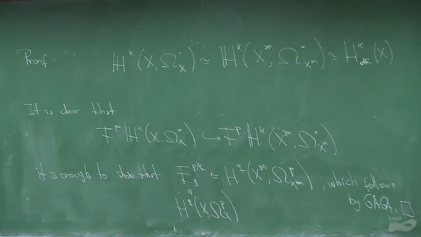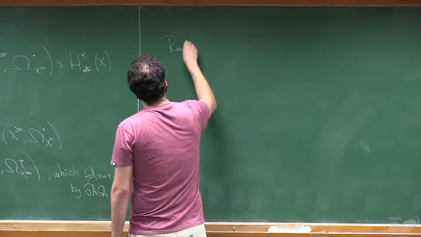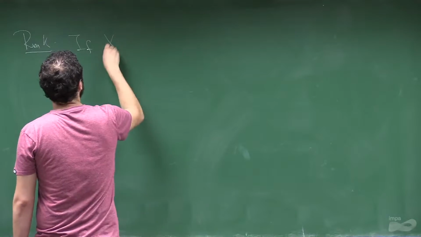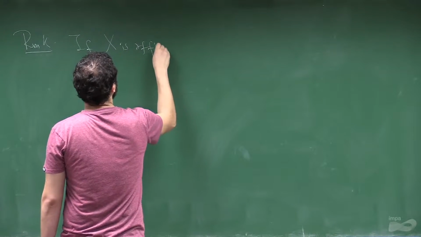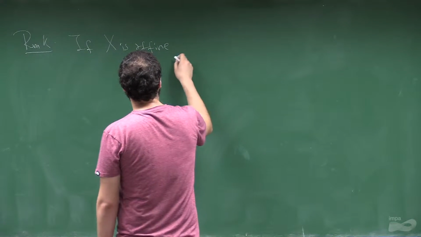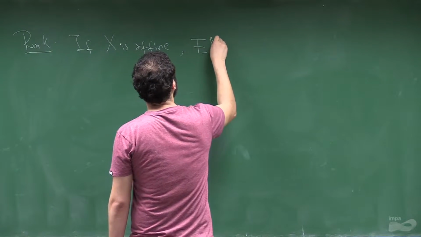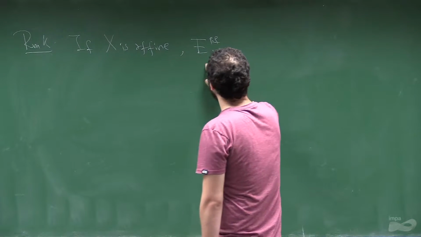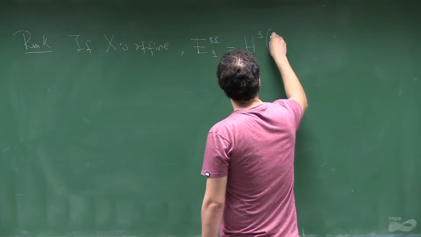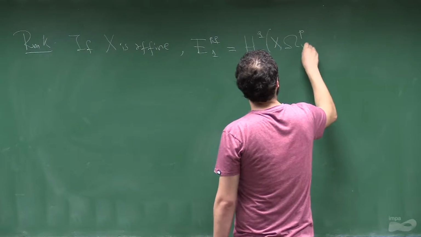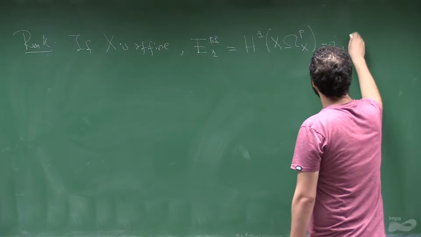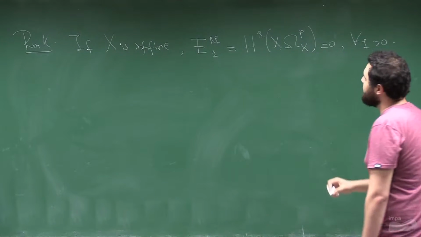For example, a remark: if X is affine, what happens? We know that the E1^{p,q}, the first page of the spectral sequence, is exactly the cohomology of the sheaf of differential forms. And we know that this is 0 for every q bigger than 0.